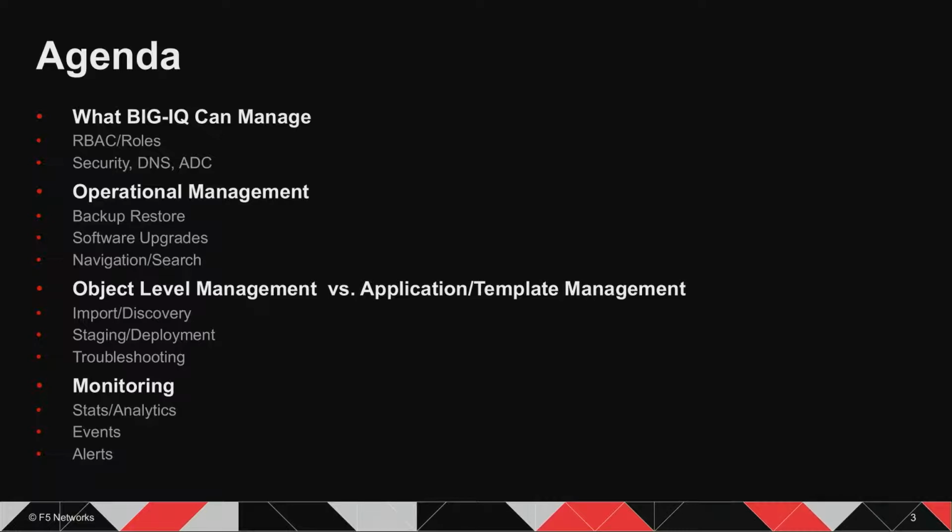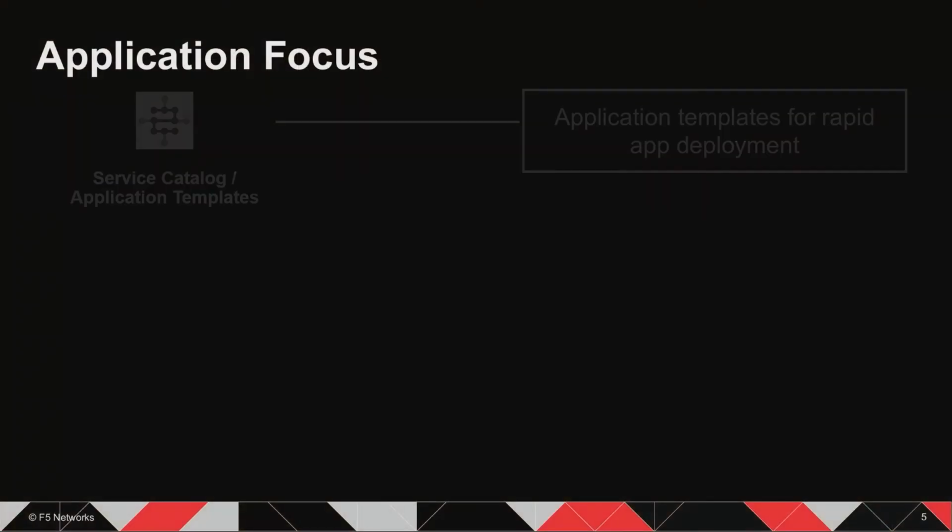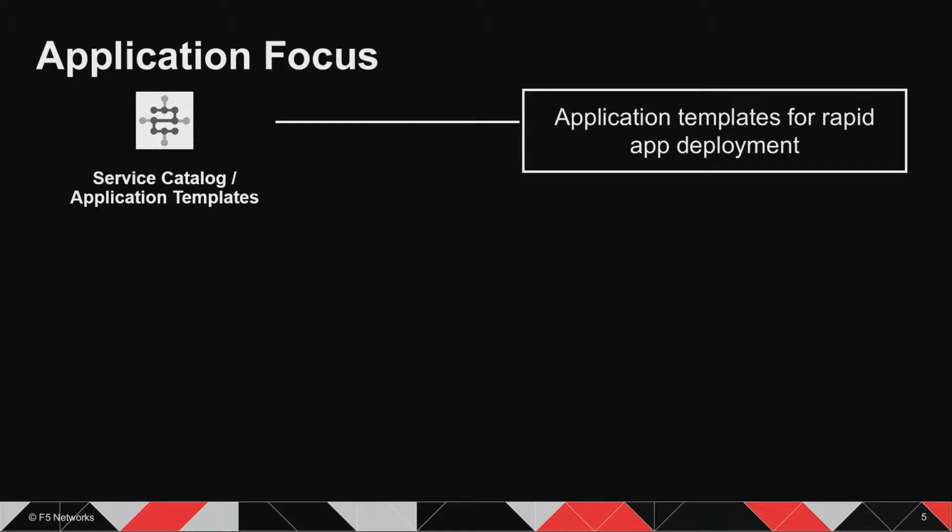And then Jim's going to get into more about the object level management versus the relatively new application template service catalog information. And then we're going to talk a bit about monitoring. And then we'll take your questions and maybe do a little bit of demo if we don't run out of time.